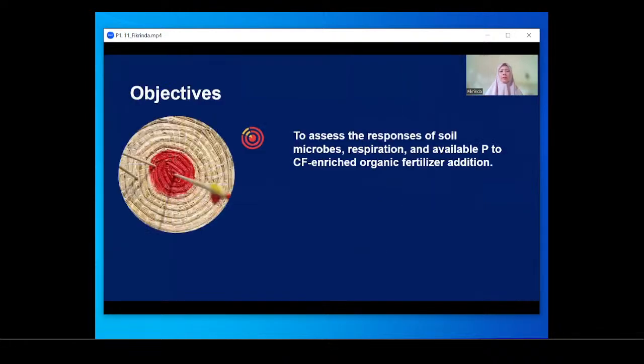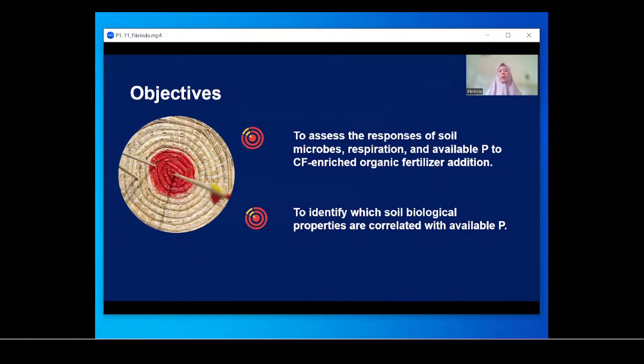The objectives of the study were, first, to assess the response of soil microbes, respiration, and available phosphorus to cellulosic fungi enriched organic fertilizer addition. And then we also want to identify which soil biological properties are correlated with available phosphorus.